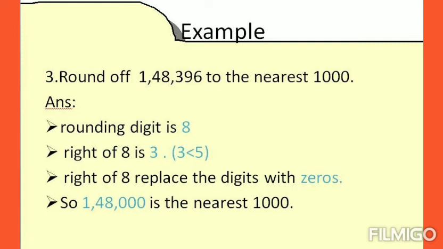It is 8. The digit to the right of the rounding digit is 3, which is lesser than 5. So we should keep the rounding digit as it is and change the digit to the right as 0. So 1,48,396 is rounded off to the nearest thousand as 1,48,000.